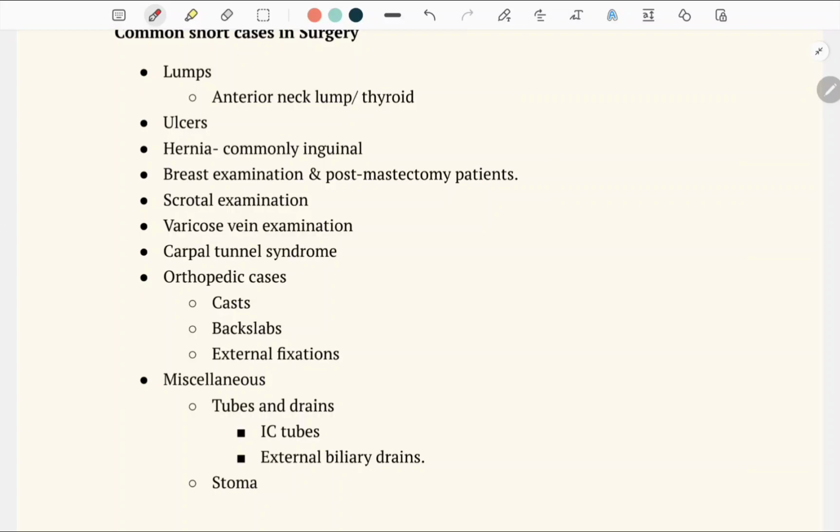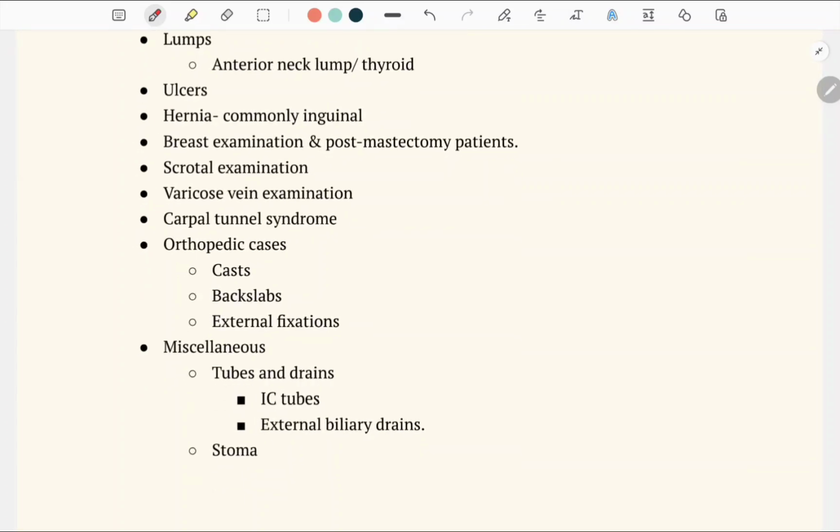And post mastectomy patients can be given, scrotal examination, varicose vein examination, carpal tunnel syndrome patients. And you may also get a couple of orthopedic cases like patients with casts, patients with back slabs, patients with external fixators, and certain other miscellaneous cases like tubes and drains, ICD tubes, external biliary drains, and stoma.